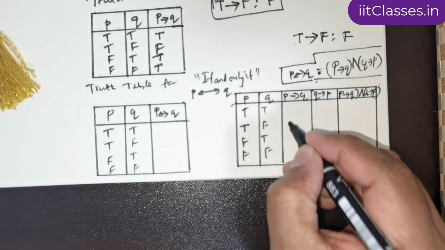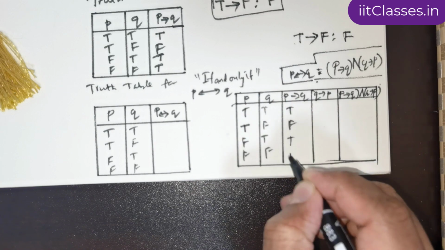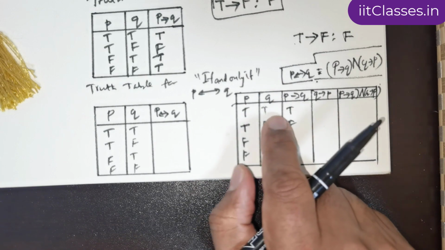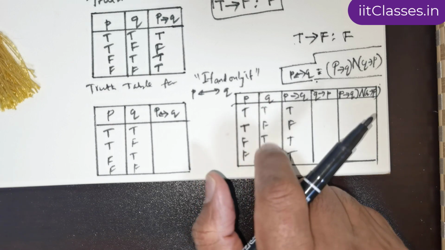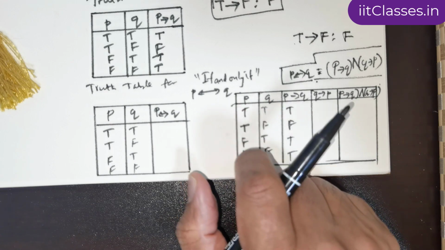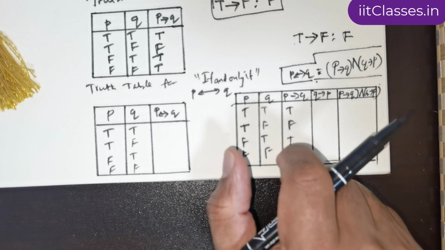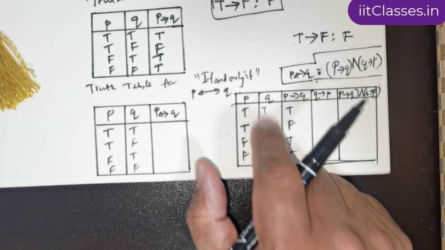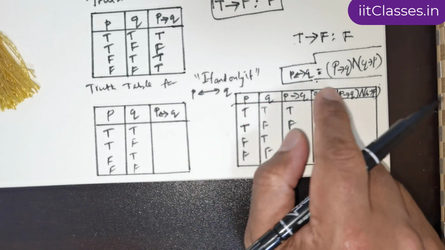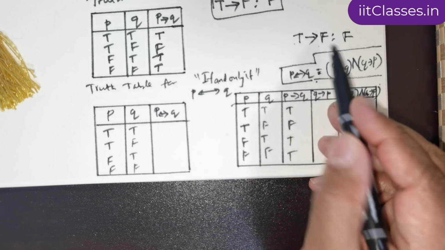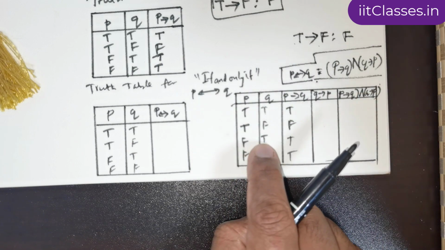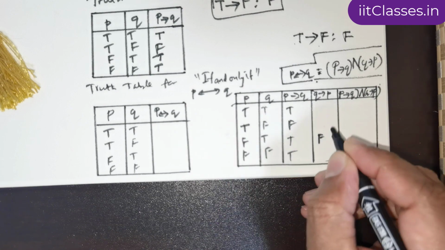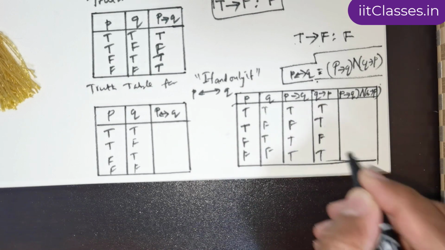T going on to F, the outcome is F. The rest of them is going to be T. Now it's Q conditional P. In other words, P is not the leading column. In this case, P was the leading column. So in this case, Q conditional P, Q is the leading column. So you look for T going to F for Q conditional P. So you got a T going on to F, so this is going to be F. The rest of the cases would give me T.